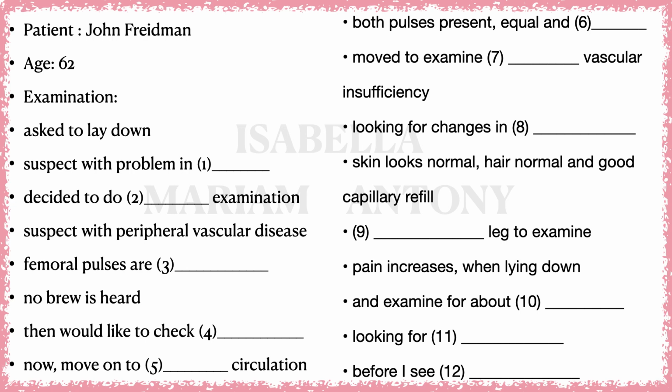I'd now like to proceed to do more an evaluation of the peripheral circulation, and I will compare both sides. So with your leg nice and straight, I'm assessing for the posterior tibial pulse on both sides, as well as the dorsalis pedis.